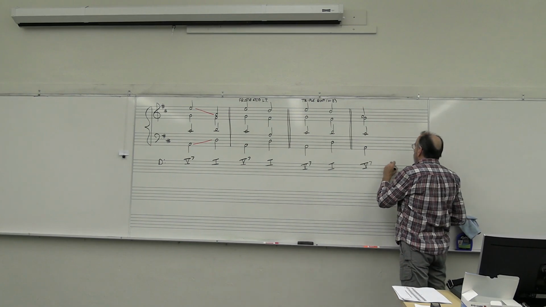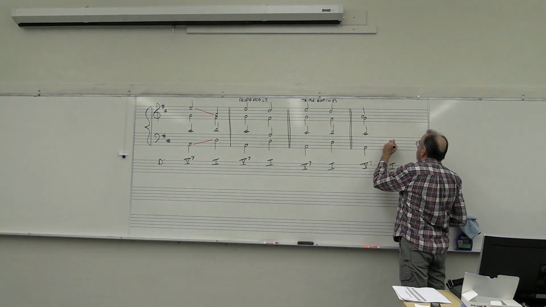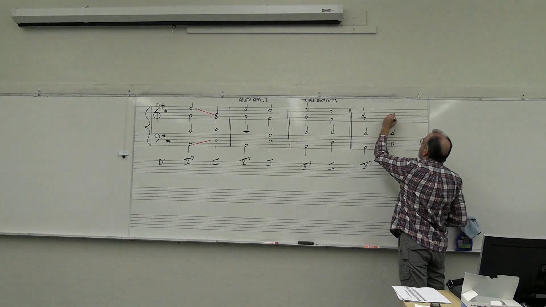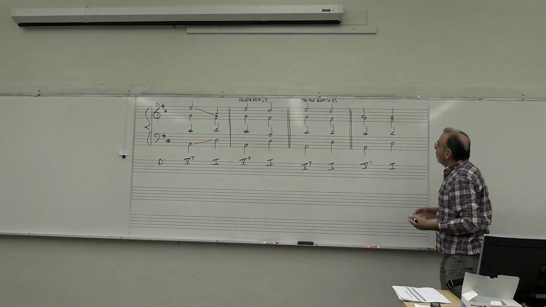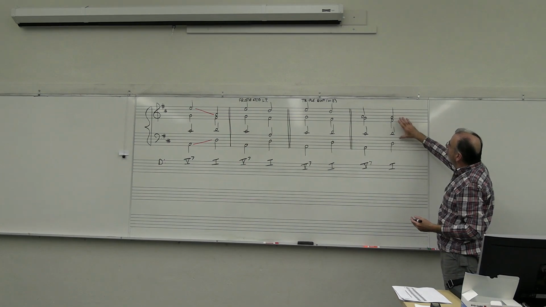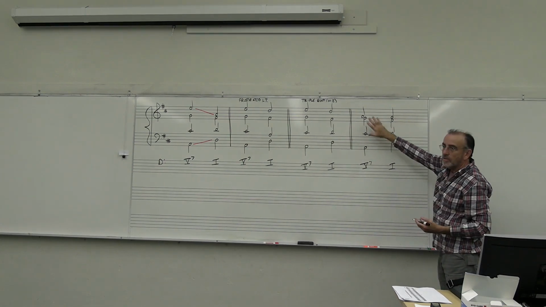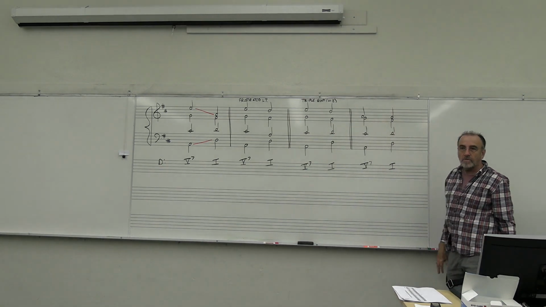And then when we resolve it to 1, we actually can follow all the tendency tones and still avoid the parallel fifths, because now there's a fifth in the 1 chord, right here, perfect fifth, but there's no fifth here, so there's no consecutive fifths, there's no possibility.